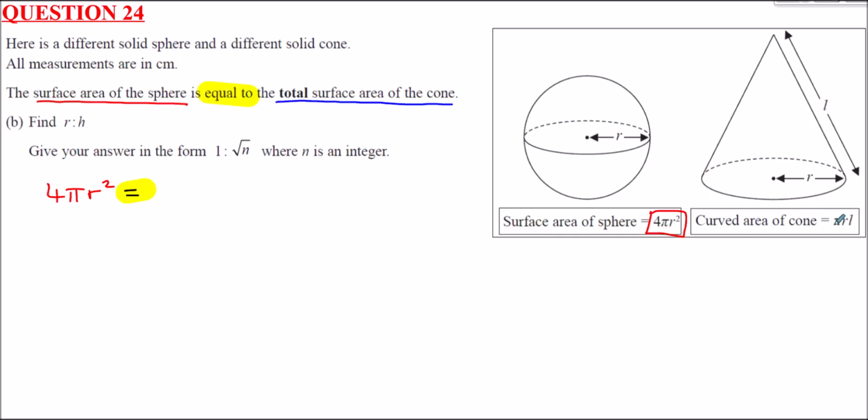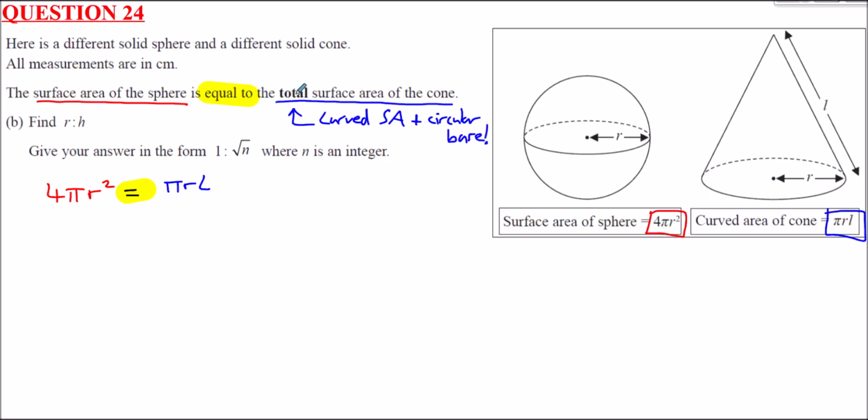We've got the curved surface area, which is pi r L. So what it means by total surface area, you've got the curved surface area, which goes around here, and then also you've got the circular base, which must not be forgotten.